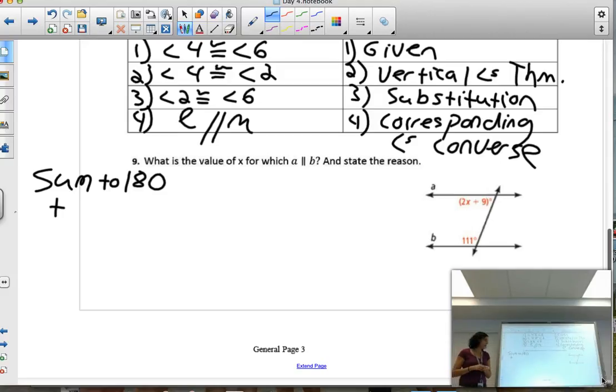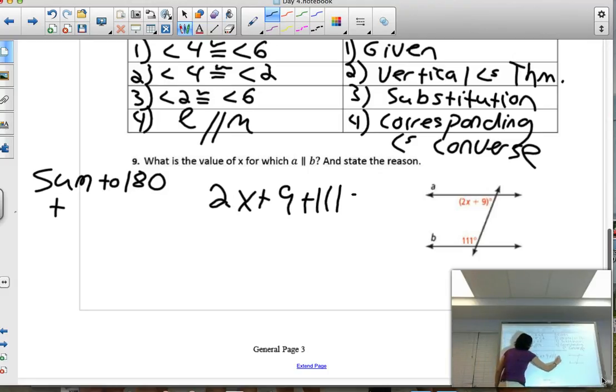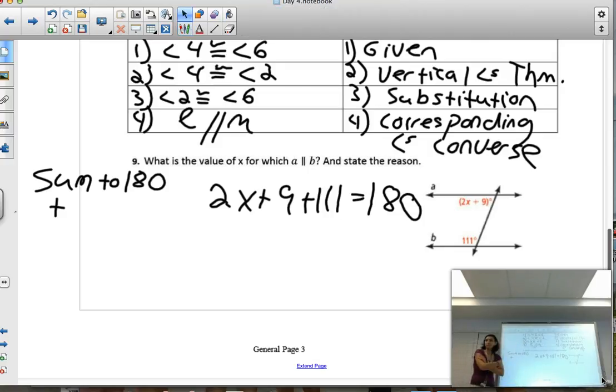2x plus 9 plus 111. Very good. They're supplementary, so the expressions get added together and you equal them to 180. You cannot solve for x without an equation. How do you know?